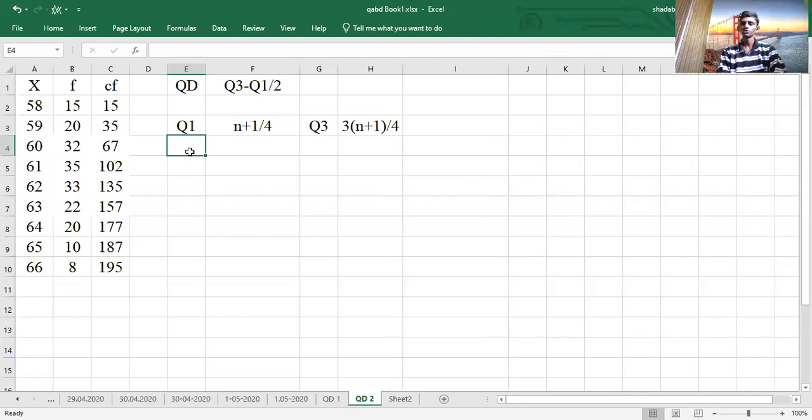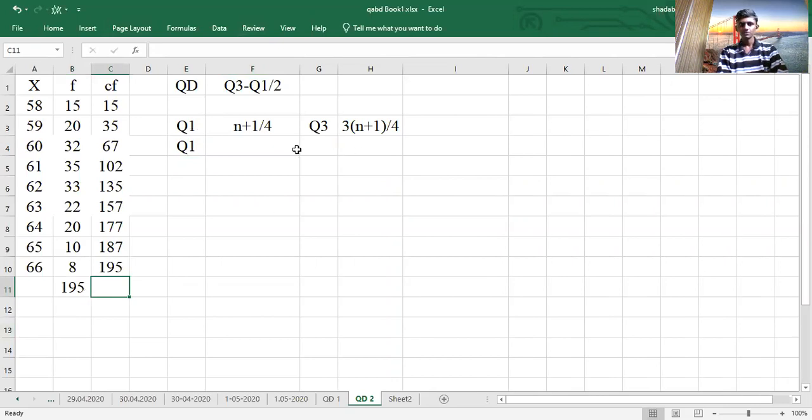Now coming back to Q1. What is n? To calculate n, just add all the frequencies, which gives 195. The total of the cumulative frequency also has to be the same, 195.